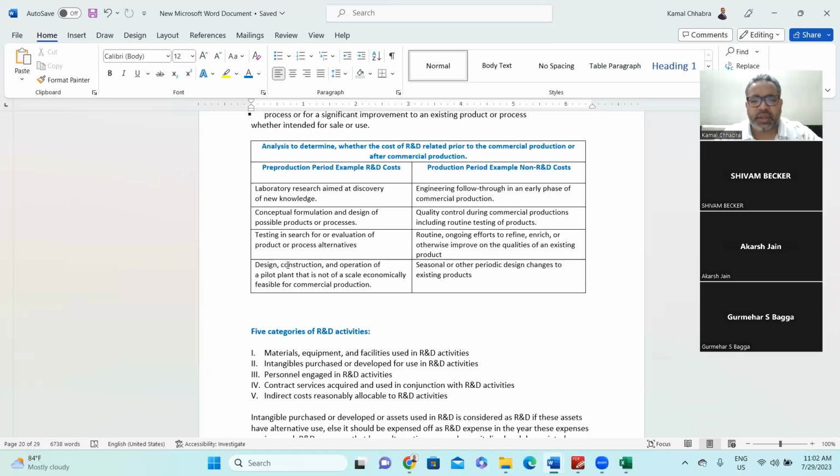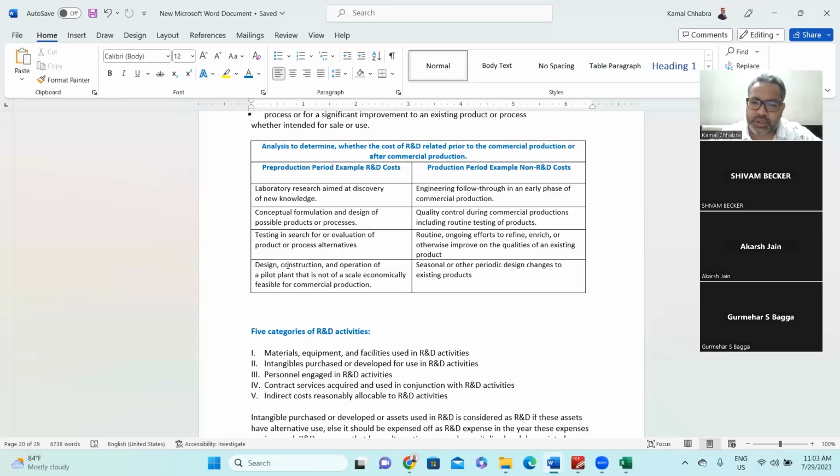Second is conceptual formulation and design of possible products and processes. Third is testing in search for or evaluation of product and process alternatives. Last is designing, construction, and operation of a pilot plant, that is a prototype, not of a scale economically feasible for commercial production. So any expenditure incurred up to the date of the pilot or prototype is considered a pre-production expenditure.